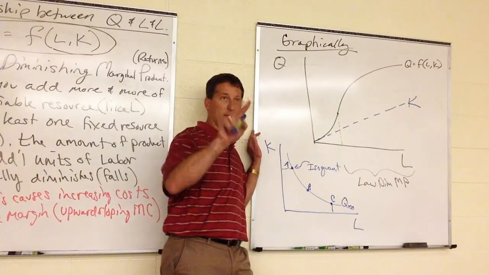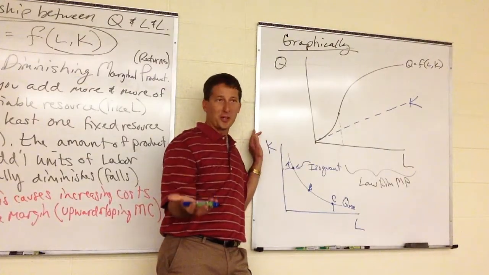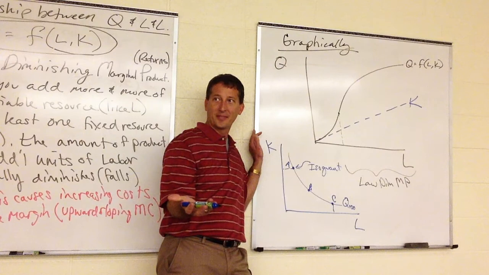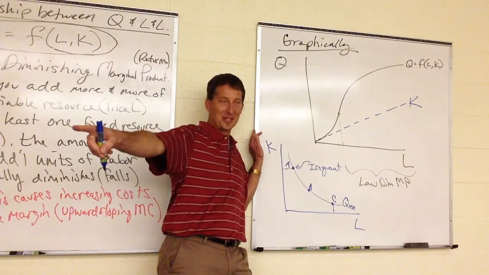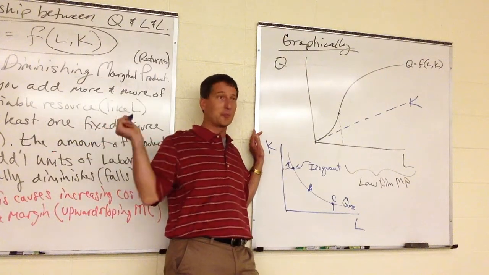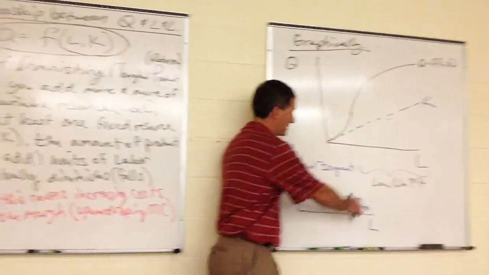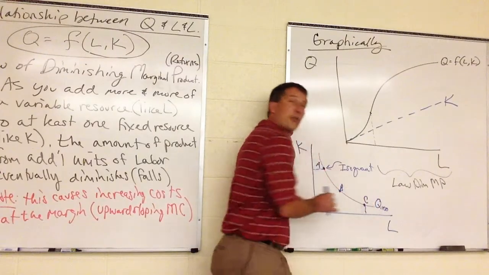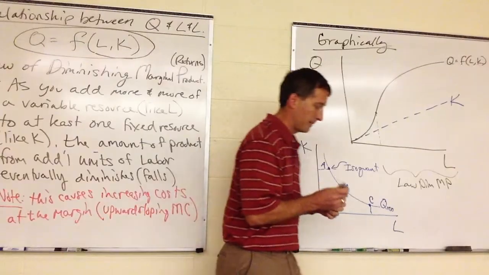Two ways of producing the same amount of stuff. Which one do I pick? Whichever one best fits the budget, whichever one's the least costly, right? Back to the problem we started with at the beginning. I'm going to choose the cost minimizing method of doing that level of production.